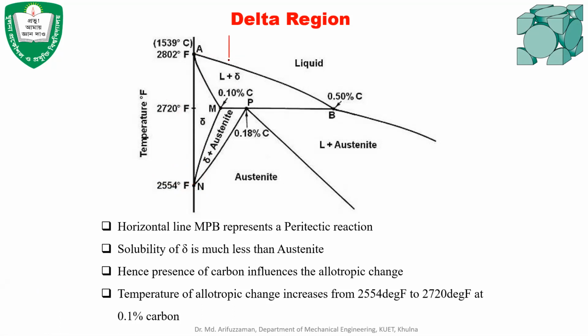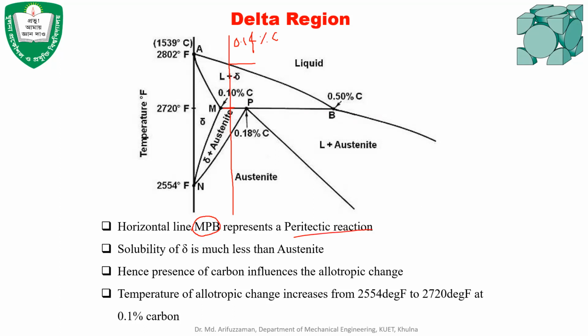Okay, so if we draw another vertical line, that means 0.14% carbon. If you consider 0.14% carbon, then at this temperature, delta starts to form, and when the temperature reaches this point, the MPB line actually represents a peritectic reaction.